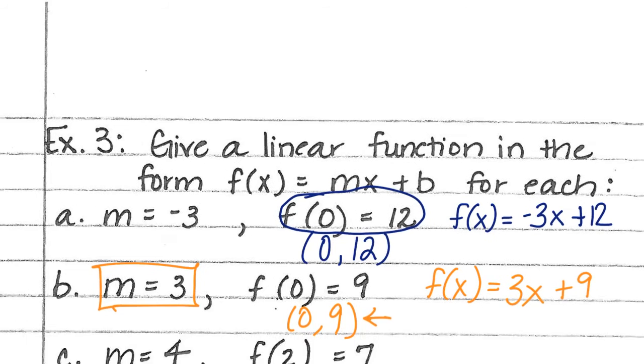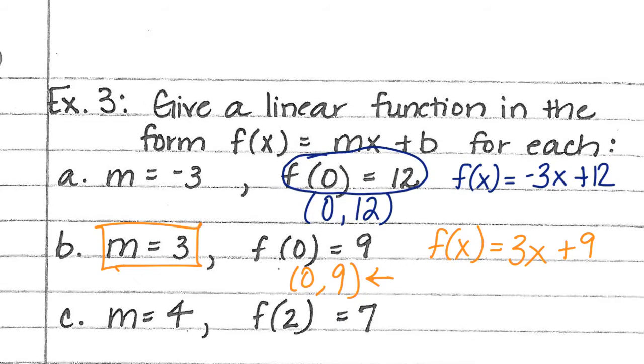They do start to make them a little tougher. Notice here the slope is given, and this time our point is at 2, 7. So we do have to write it all out. Y equals mx plus b. I'm writing up here in the purple. Y is 7. My slope is 4.